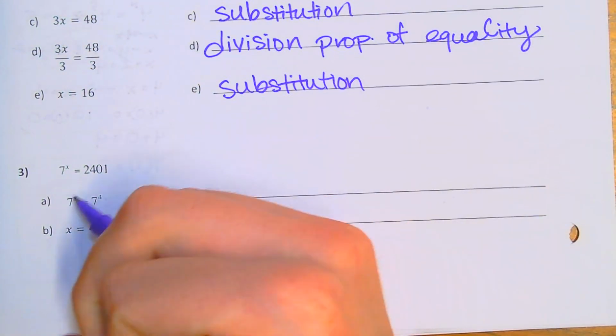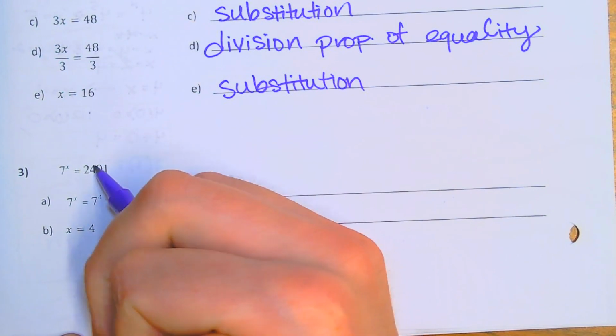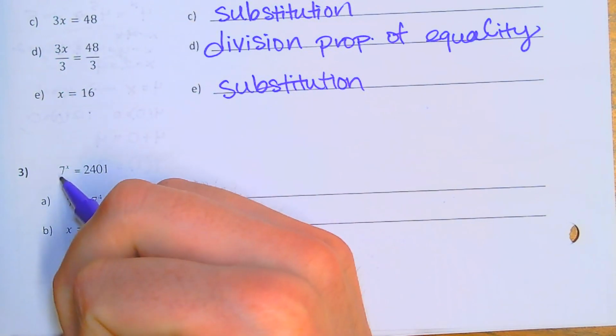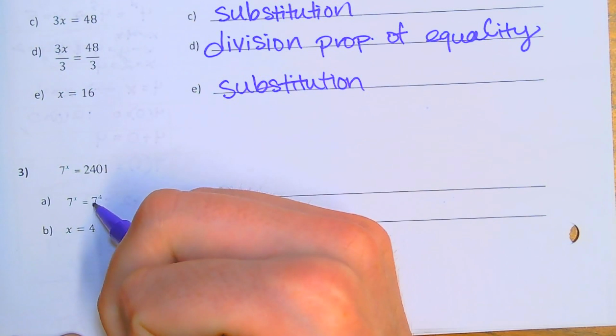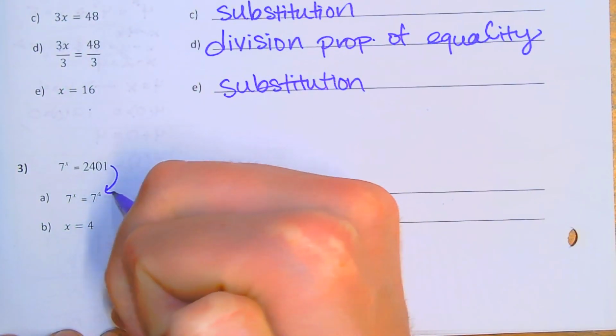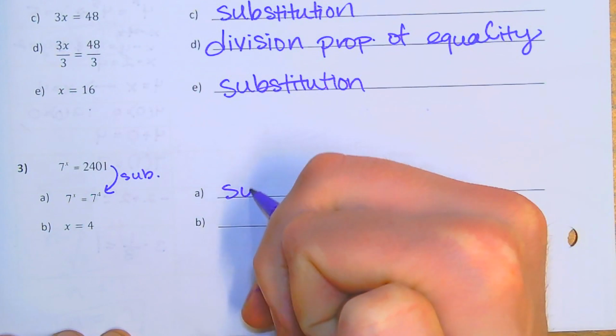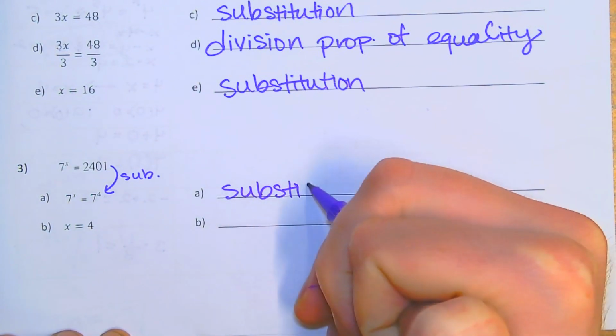If we can remember from earlier in our notes, we turned this number into something with a similar base of 7. So this has a base 7, and that's how we get 7 to the 4th power. So we substitute 2,401 for 7 to the 4th power. So this step is substitution.